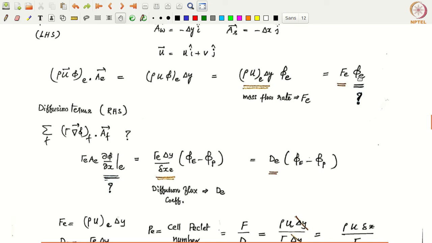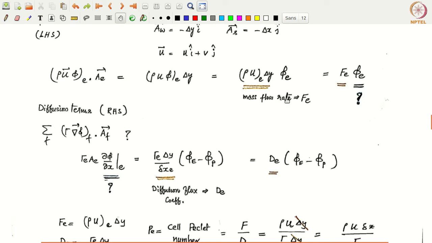For the dependent variable itself, you would need a model; here, for the gradient of the dependent variable, you would need a model. We have used a linear profile assumption, and we can write this as phi east minus phi p by del x e, and A east is nothing but your delta y. Ae bar is your delta y i cap, but A east is your scalar value.